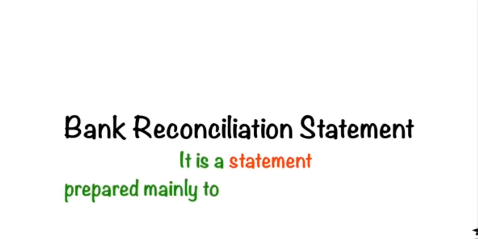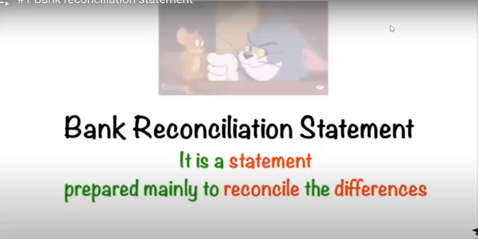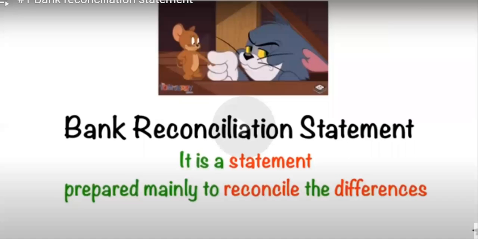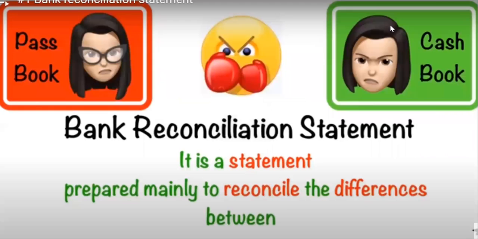So it is a statement prepared mainly to reconcile the difference between cash book and passbook. In your right side you have the cash book, in your left side you have the passbook.